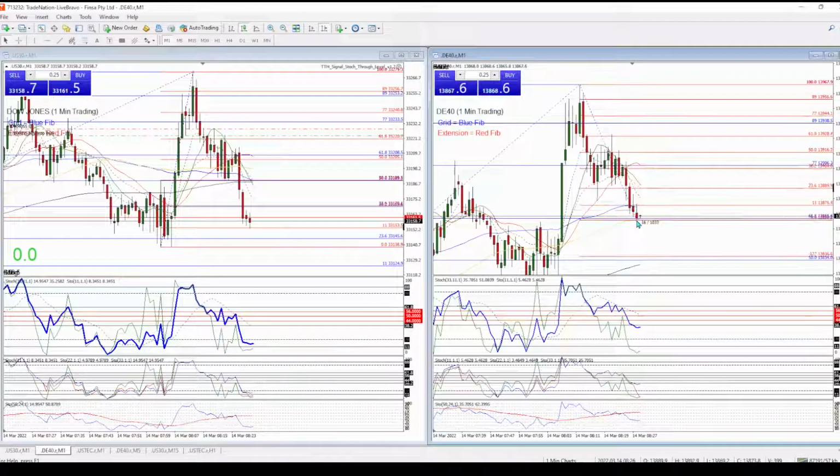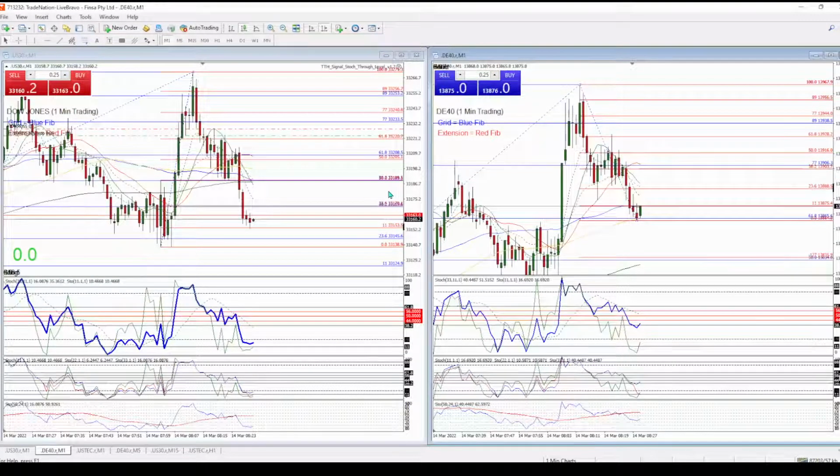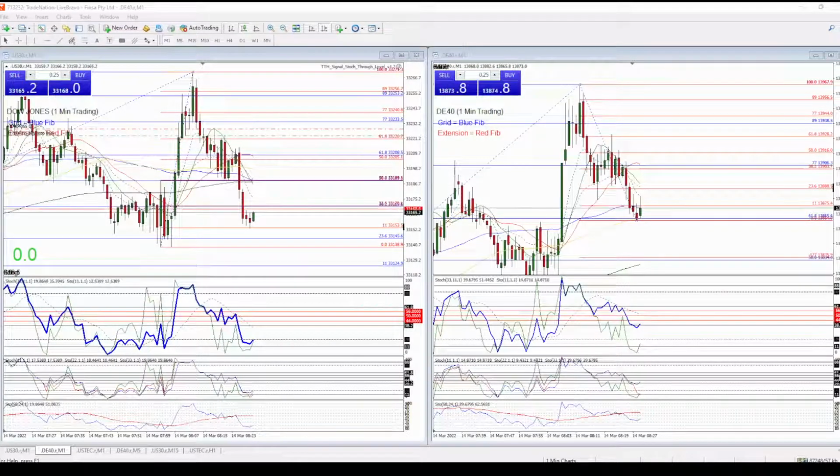And keep trailing this extension fib. Now sitting around 89% retracement from the highs. Need to wait for this 5 minute candle to close to confirm if the 5 minute trend is down.